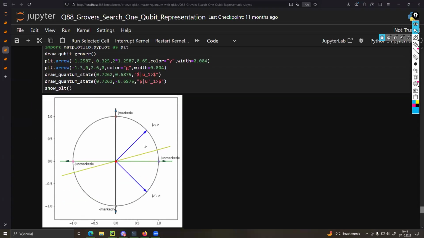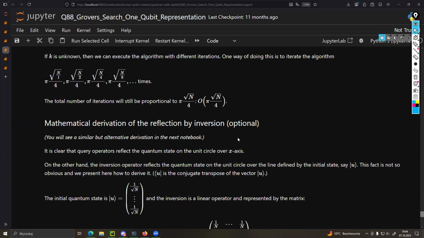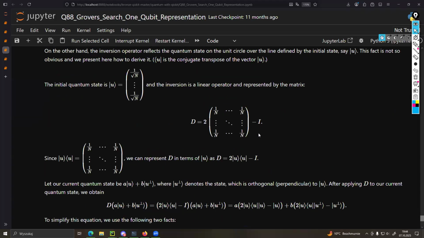Here we see iteration 2 when we reflect again over this line, right? We see that we are on the actual minus, like in quotation marks minus. However, when we finish the iteration, we are even closer to the marked state. And this is how we can geometrically reason about this algorithm.